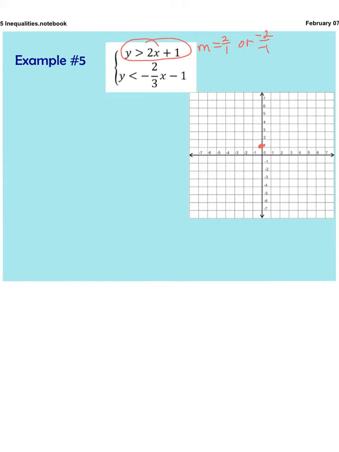So I'm going to go up 2 to the right 1, up 2 to the right 1, up 2 to the right 1, or down 2 to the left 1. Because it's greater than, I've got to connect this with a dotted line.